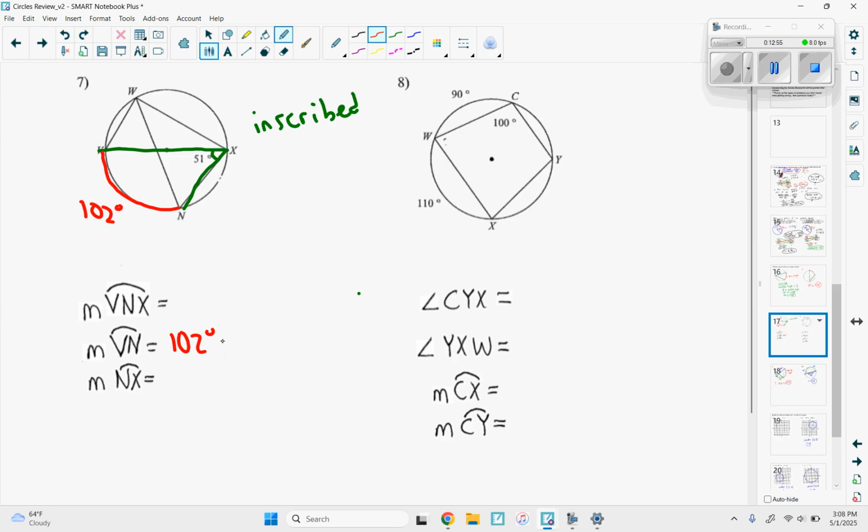We're also asked about VNX. So VNX is here. And I notice VNX when I look to see what's connected with it, I notice this is a diameter. So VNX connects with a diameter, and a diameter cuts a circle in half.